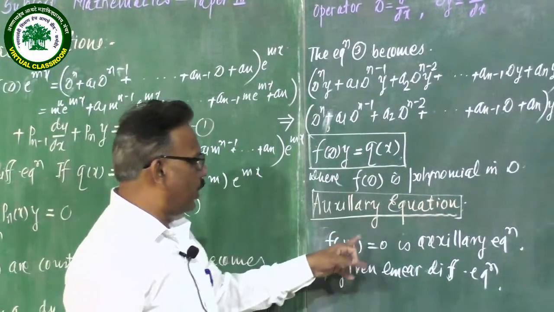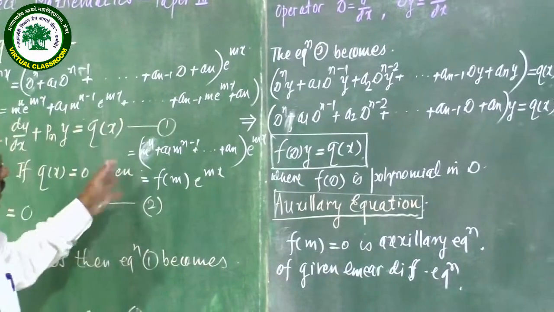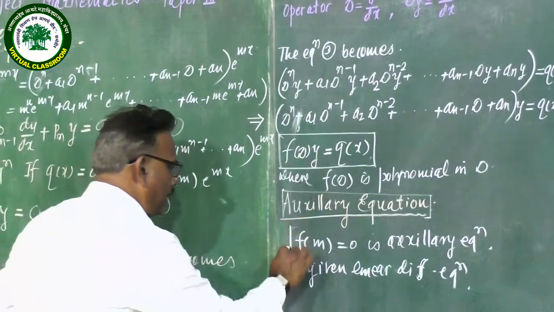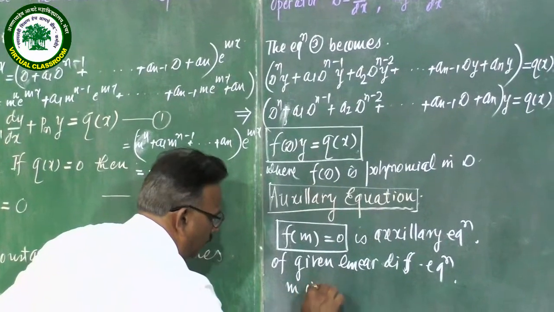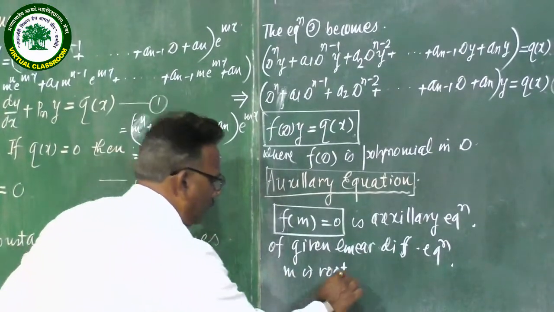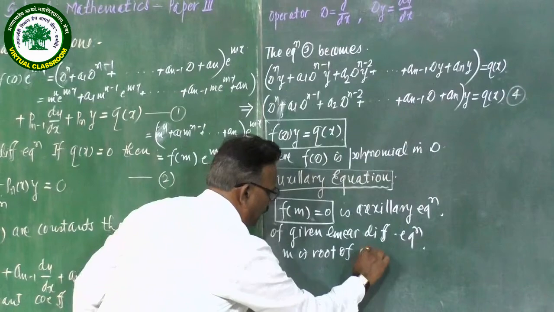Here in this case we are not taking the right hand side; the right hand side is equal to 0. Therefore, f of m is equal to 0, where m is a root of the given differential equation.